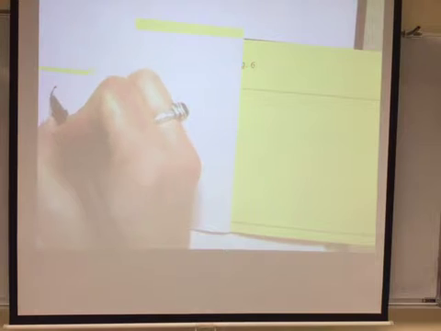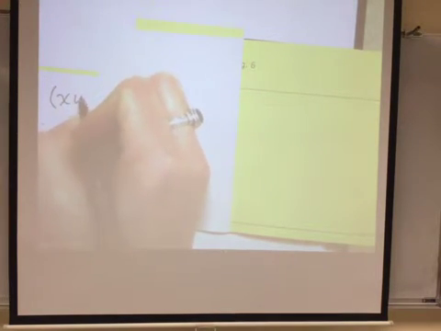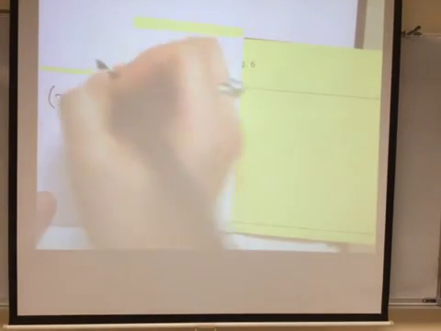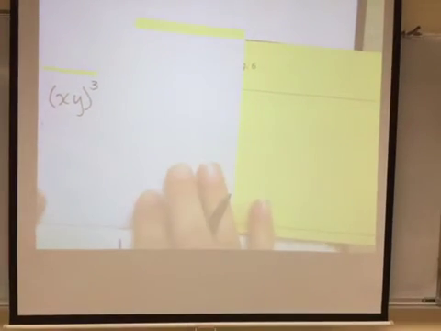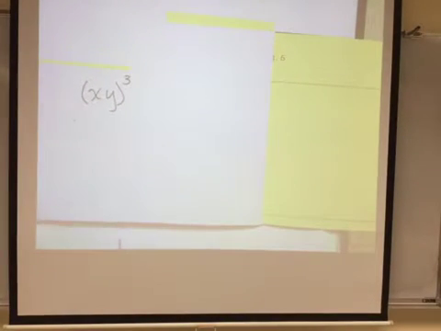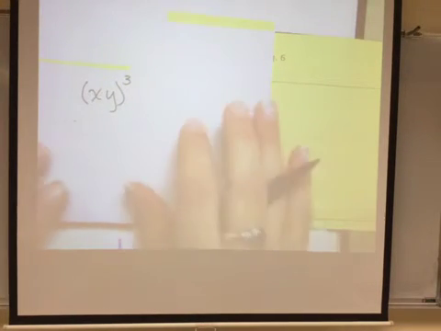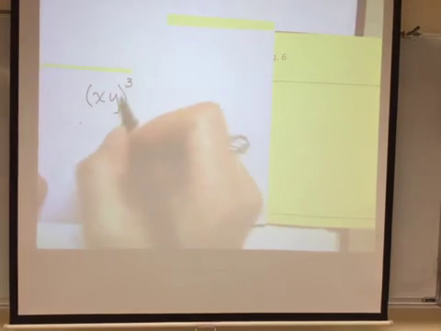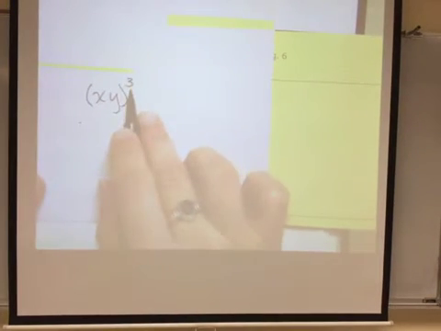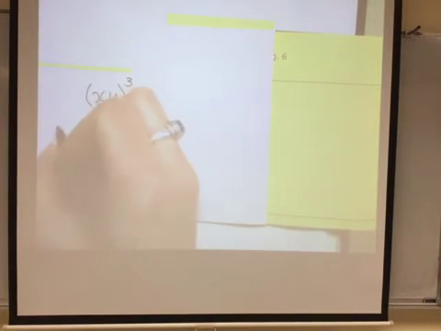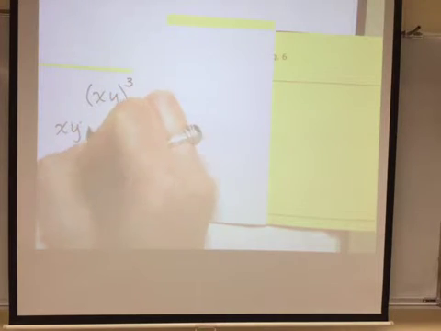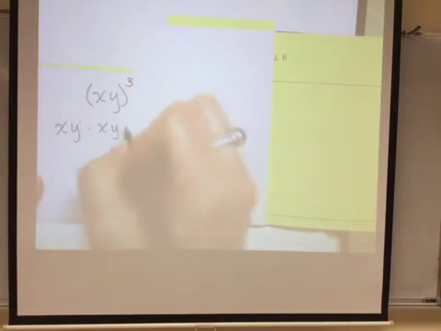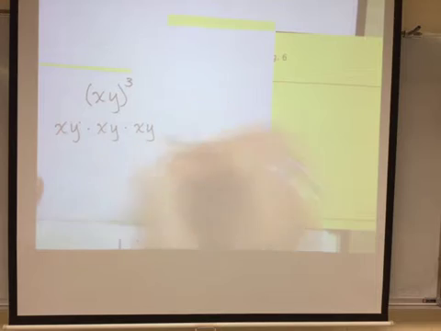What if I had, let's do (xy) cubed. Well, that means whatever's in my parentheses, how many times? 3 times. So I have xy times xy times xy.